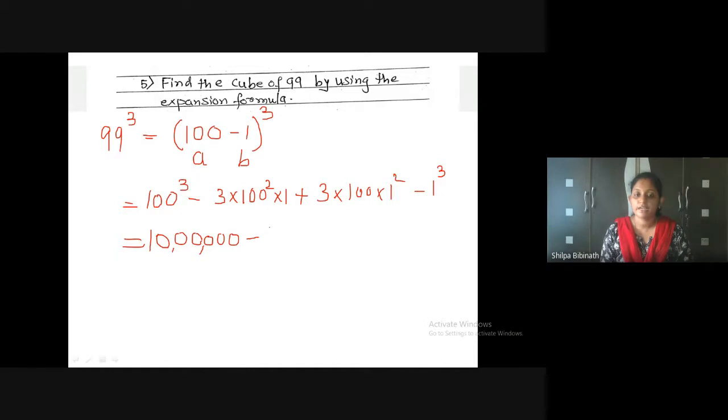So you can write here 3 into 4 zeros. 1, 2, 3, 4. So it will be 10,000. Into 1 is that number only, plus 3 into 100 into 1 square. 1 square is 1. 1 into 300. So it will be 300. 1 cube is 1. So minus 1.